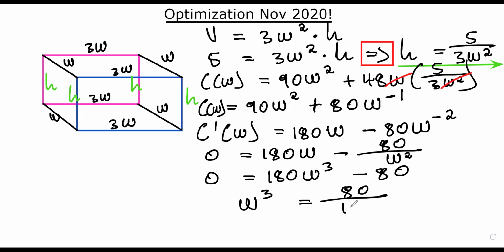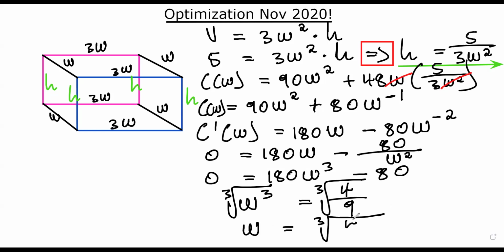So we actually have 80 over 180. But of course, if you go to your calculator and say 80 over 180, in its simplest form, it gives you 4 over 9. And now you just need to find the cube root on both sides. Then you find that your width has to be the cube root of 4 over 9.